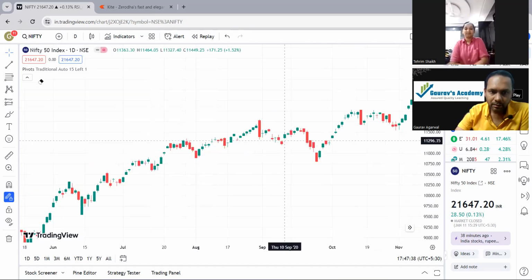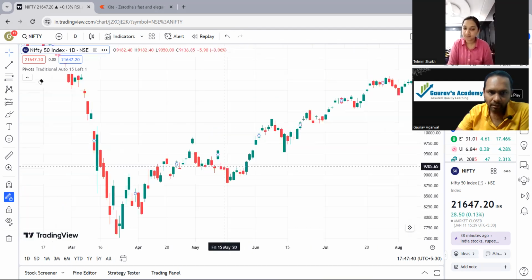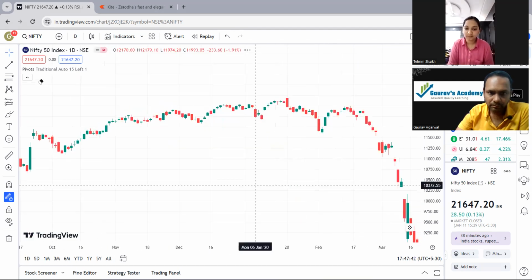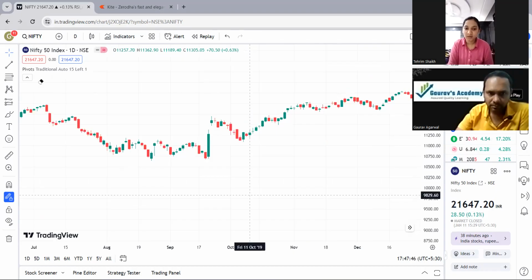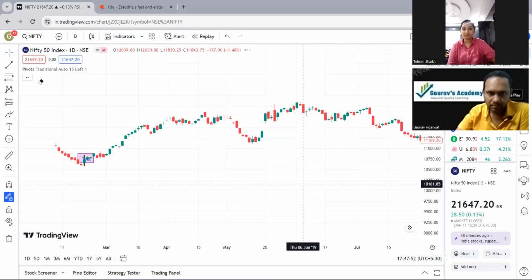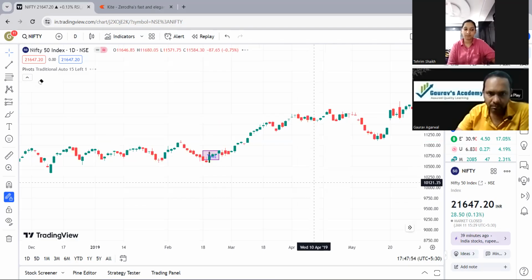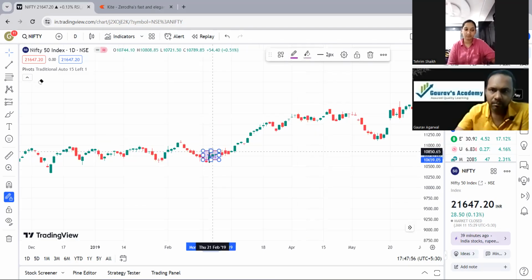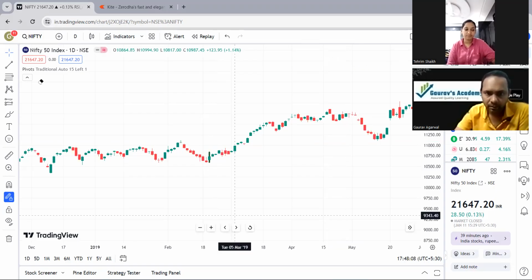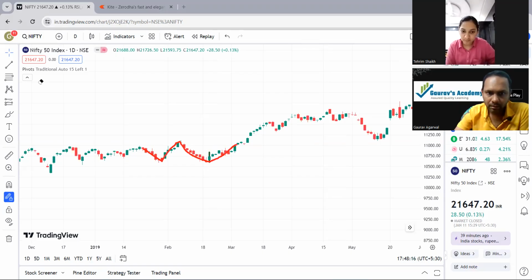Now we will see double bottom. So here you can see W, right?